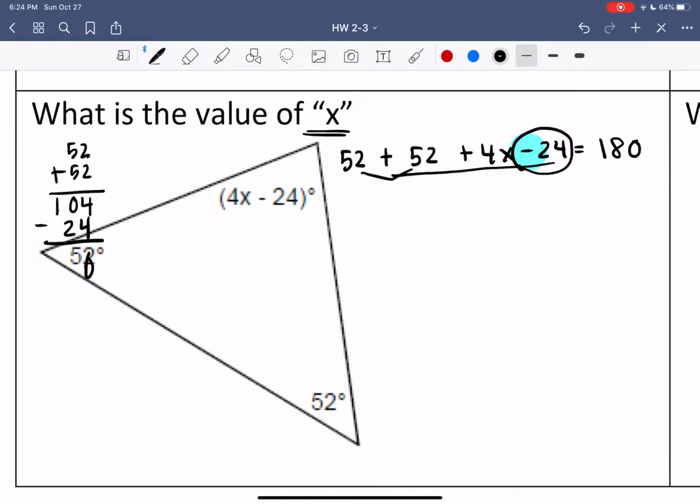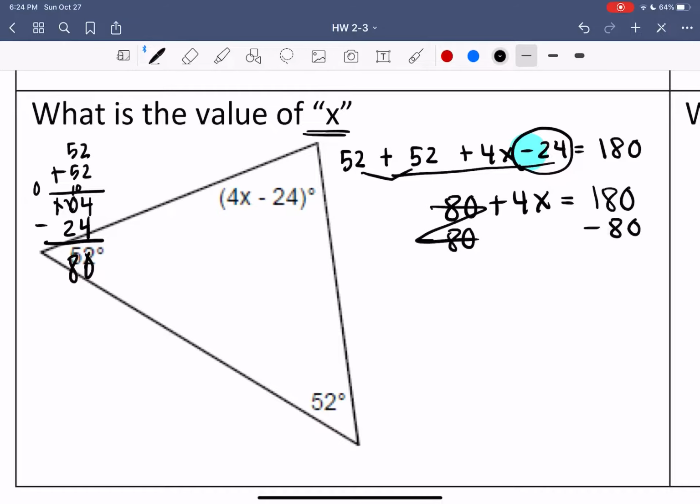So that will give us 80 plus 4x equals 180. So again, having to get our x by itself, we're going to subtract.